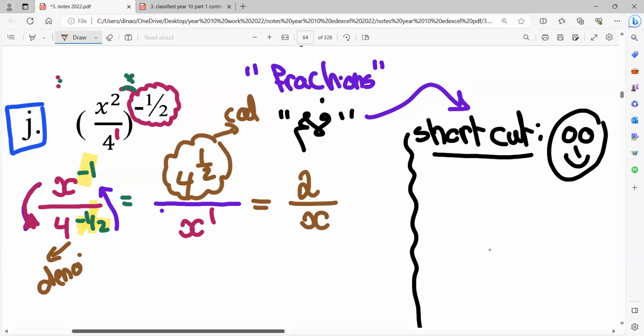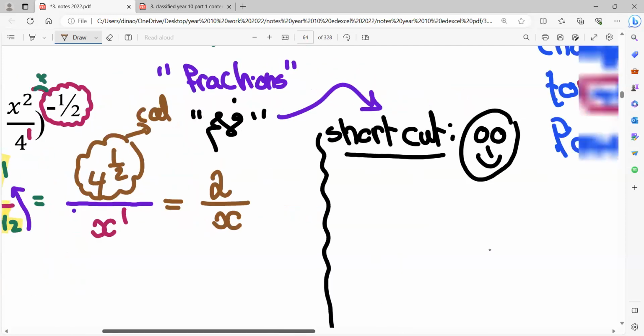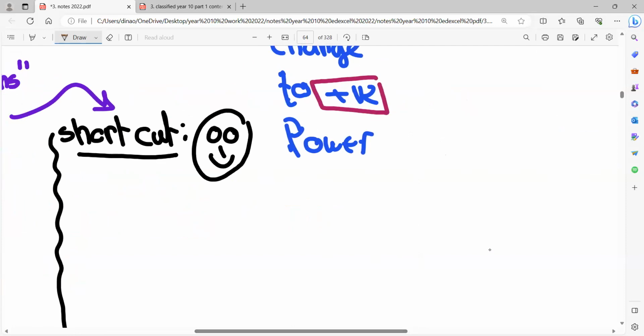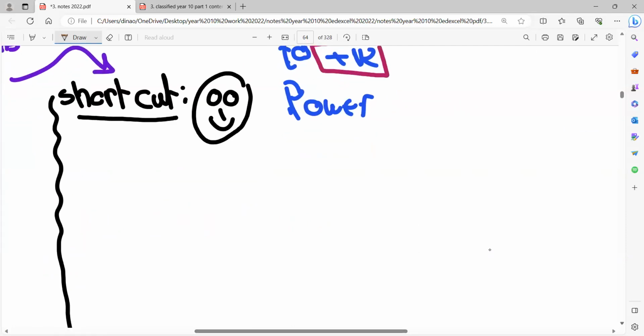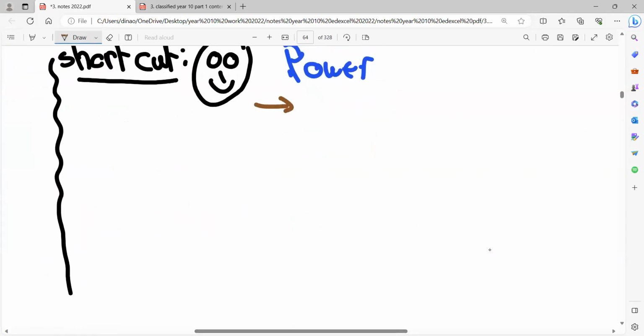No, definitely not. In exams, we are going to use a shortcut, and this shortcut is to be used if I am dealing with fractions, and these fractions have negative powers.